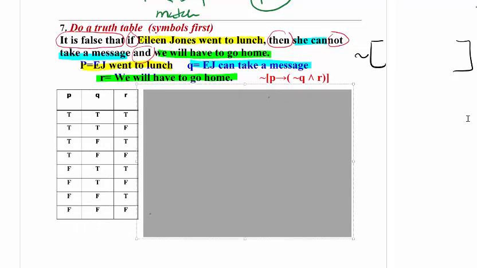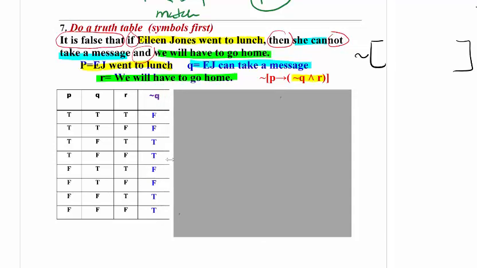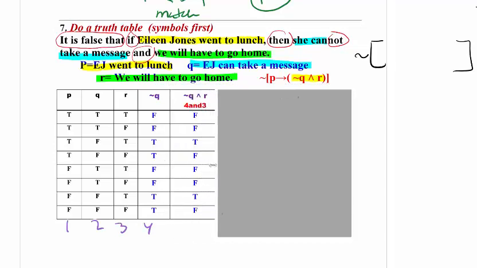Now we're looking at this, and we're going to do inside here first, but to do that, we need a negation of Q. So a negation of Q just flips our meanings. I'm going to go ahead and number these down here on the bottom so that it makes it easier as we go. Now I'm actually going to do that whole piece that's highlighted inside the parentheses, which is not Q and R. The order of these doesn't matter.